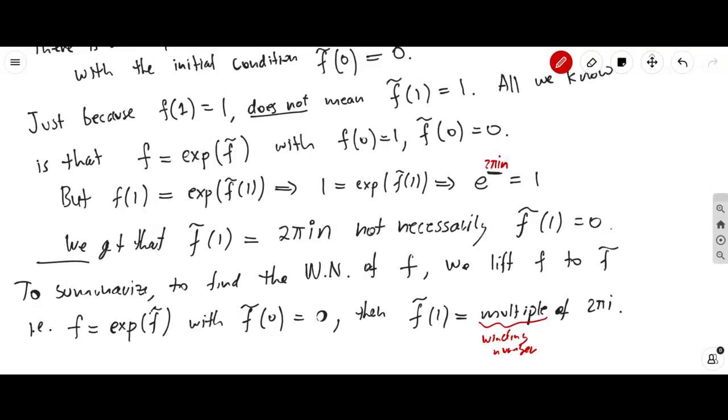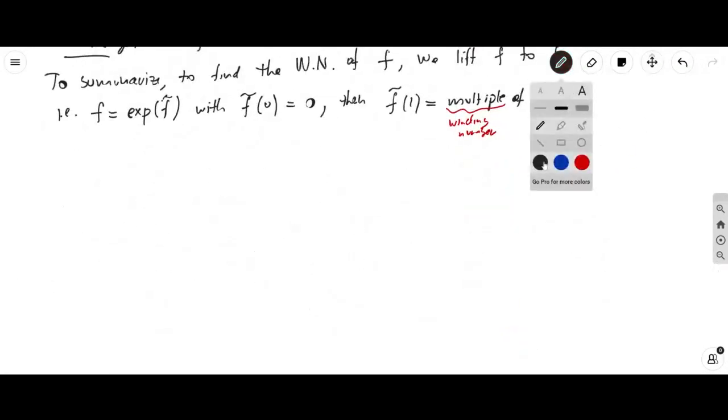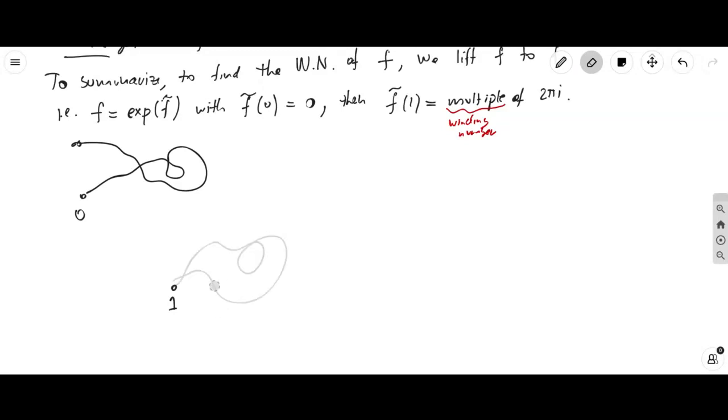Now, if you're confused by this, you might ask the following question. We have a closed path that begins and ends in the same point, which we call 1. When you're lifting it, initially you lift it to 0. How can it be that it goes to maybe a different point? This is the path in the punctured plane, the path in the base space, and this is the path in the covering space.